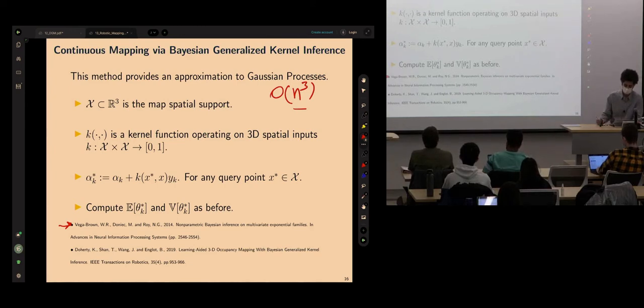Now, it works that for exponential families of distributions, it will drive a model that will bring in a kernel, and that kernel will show up in that categorical model.